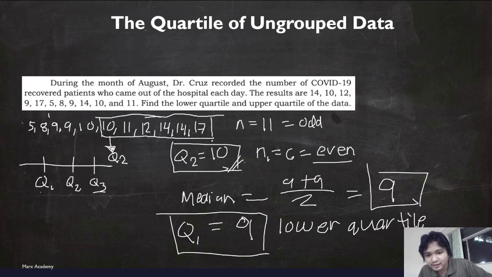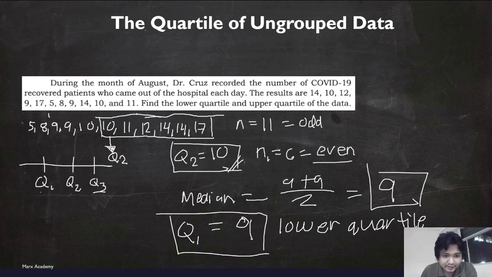It is still an even number of data, so we're still going to use the same formula: add both middle numbers and divide by 2.